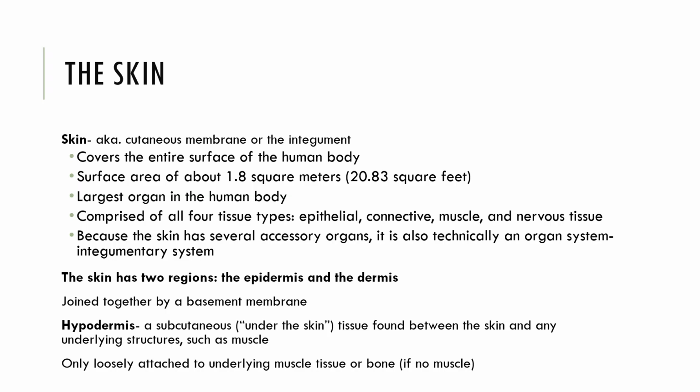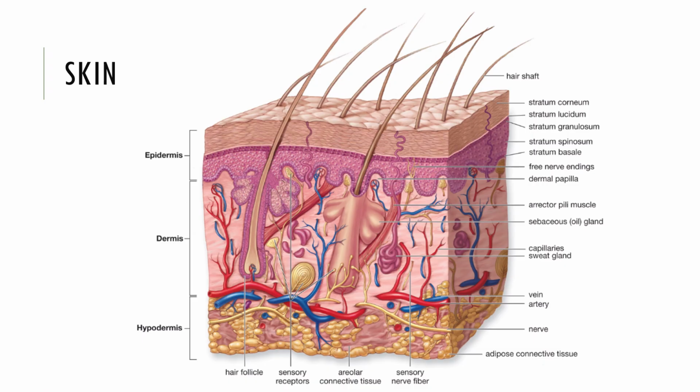So the skin has 3 regions, and we're going to talk about the epidermis, the dermis, and the subcutaneous layer, which is also called the hypodermis. The first region we're going to talk about is the epidermis. This is the outermost layer of stratified squamous epithelial cells.